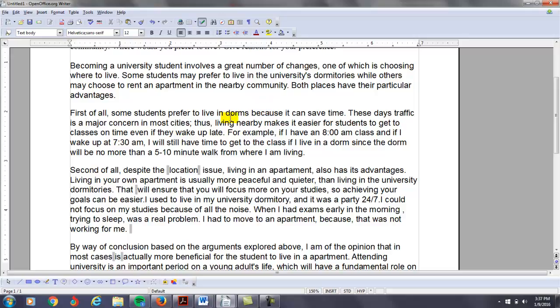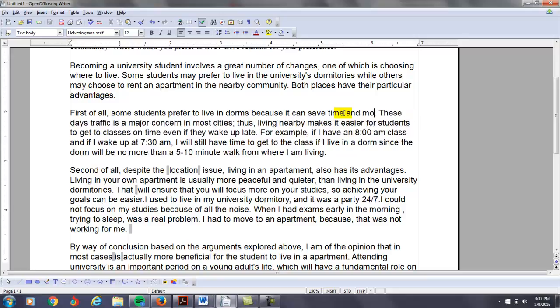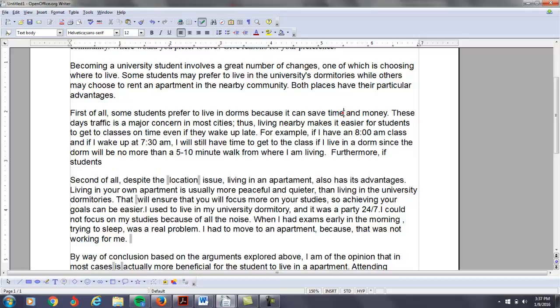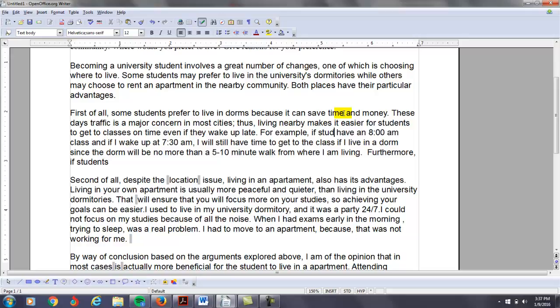So what I'm going to do here is I'm going to go back to your topic sentence and add another idea here. Some students prefer to live in dorms because it can save time and money. So now we might say, furthermore, if students, and here I need to make a change. If students, because I'm going to not use a personal pronoun here. I'm going to use the plural.